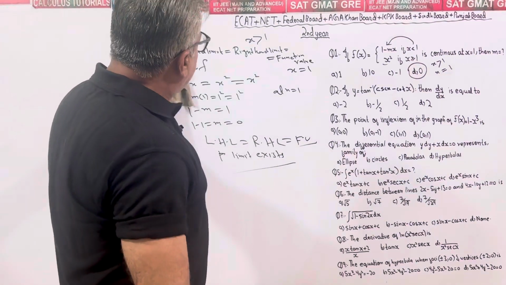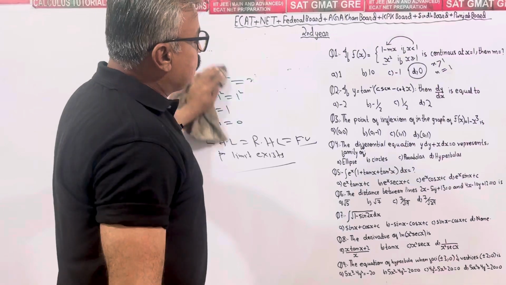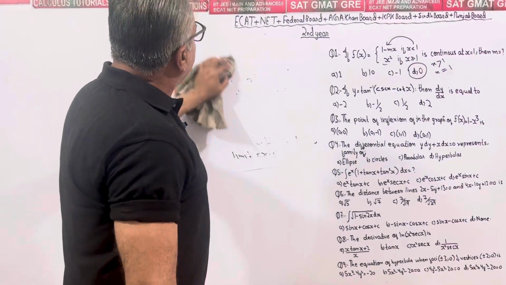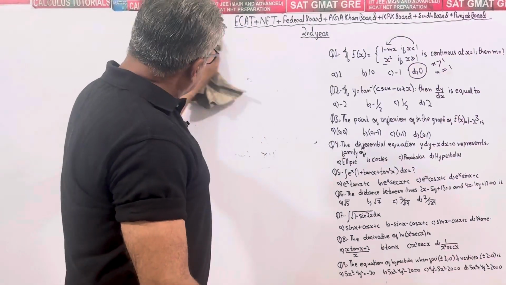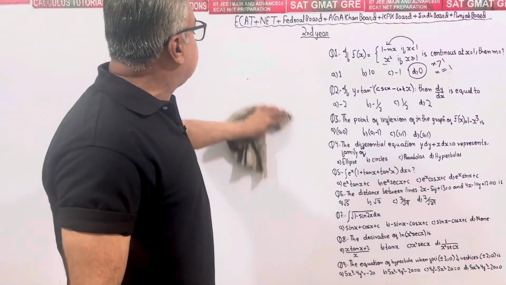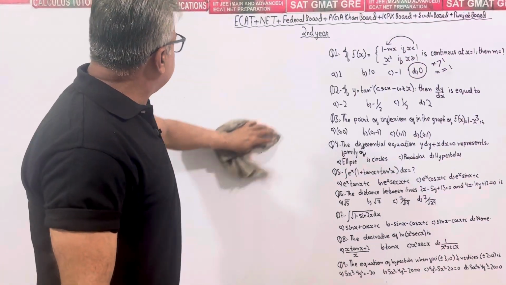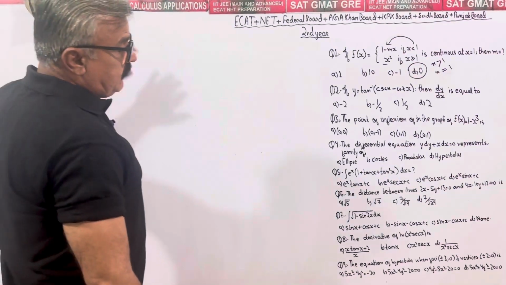If y is equal to tan inverse, arctan, of cosec x minus cot x, then find dy upon dx. To me, it is more of a trigonometry question than differentiation.